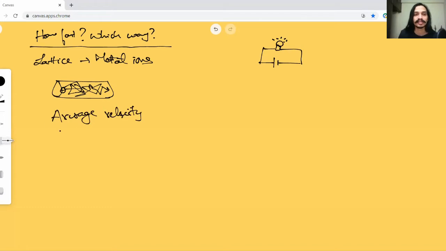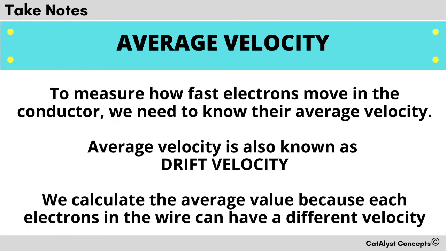This is also called drift velocity. Essentially we are calculating the average drift velocity of these electrons, and that will tell us how fast they are going.